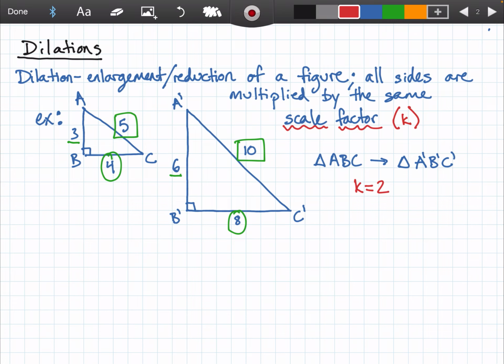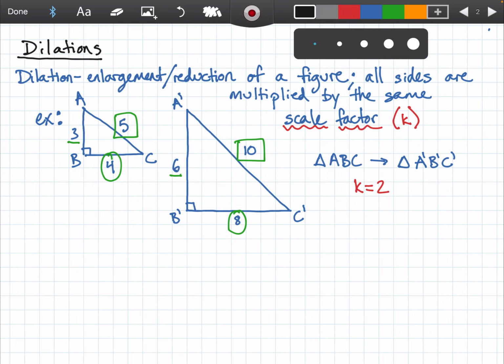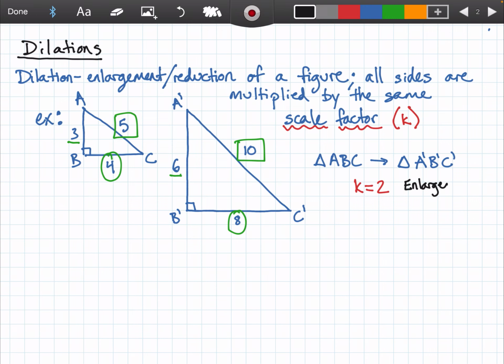Well, if I was to go the other way, you'll see that this is an enlargement. Well, what if I go from triangle A prime, B prime, C prime to triangle ABC?